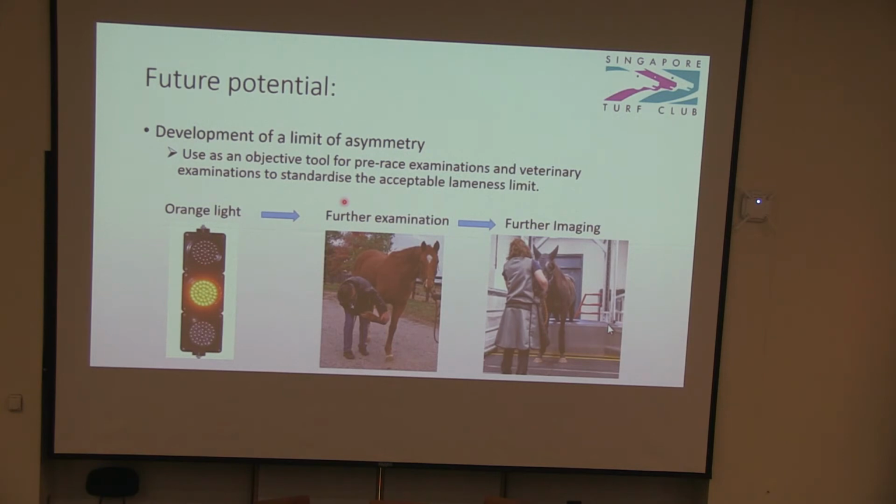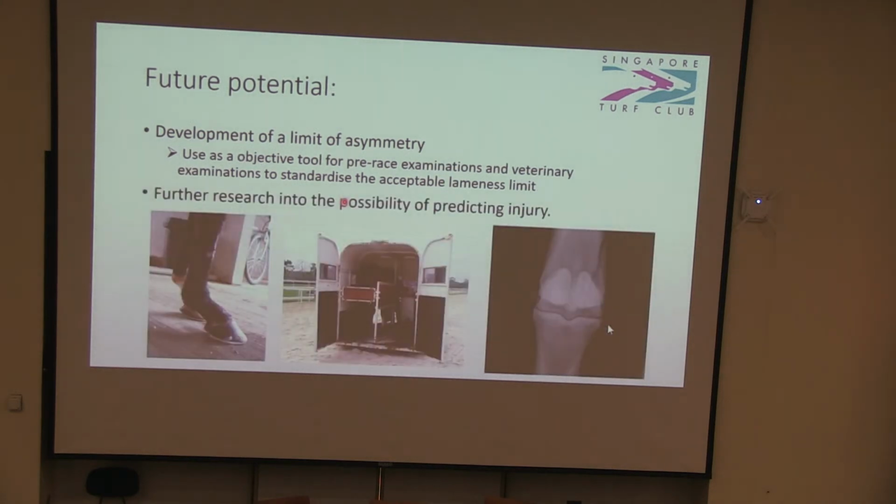Now, that may include asymmetry analysis. That may include number of starts in the 6 months leading up, the number of gallops leading up to the race, track condition, horse's age. There's a lot of things that a lot of people are doing a lot of good work on that is giving us risk factors for breaking down, and I think we need to put them all together to work out what the individual horse's risk factor is.